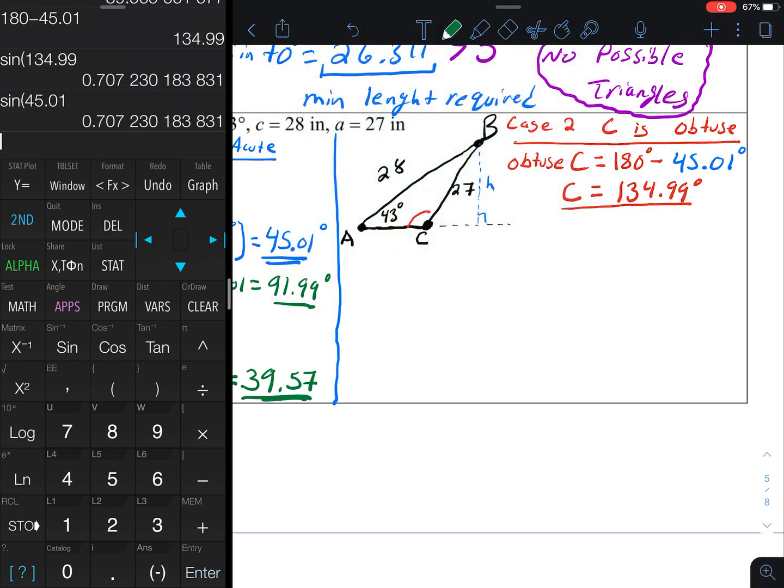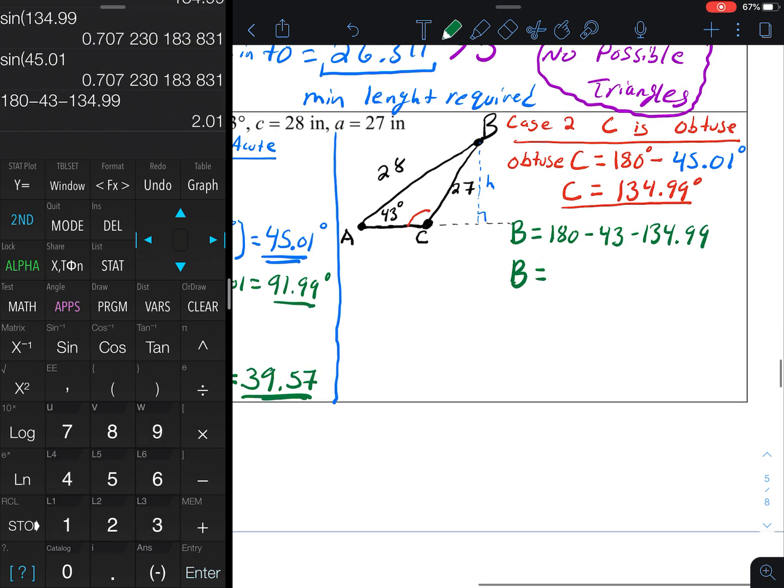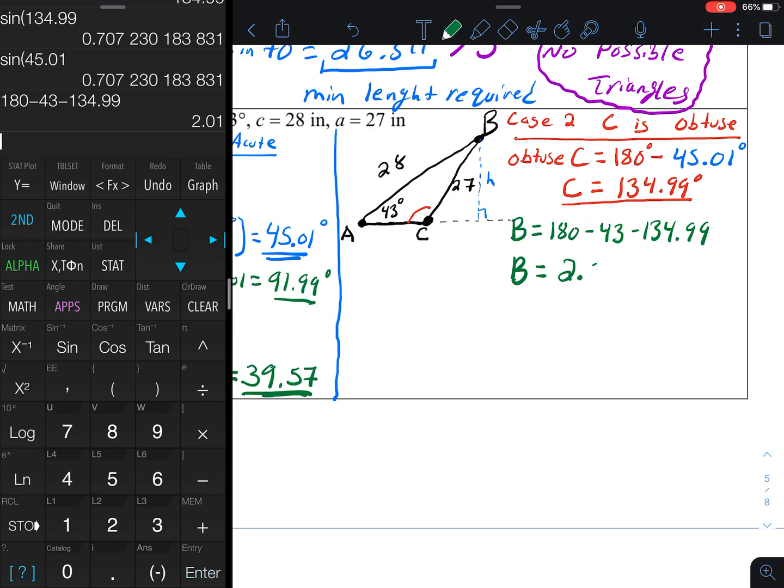We'll go find angle B. So if angle C is obtuse, angle B is going to equal 180, because the sum of the three angles in the triangle equals 180, minus 43, minus 134.99. So the measure of new angle B here is going to be tiny, 180 minus 43 minus 134.99. It is only 2.01 degrees.